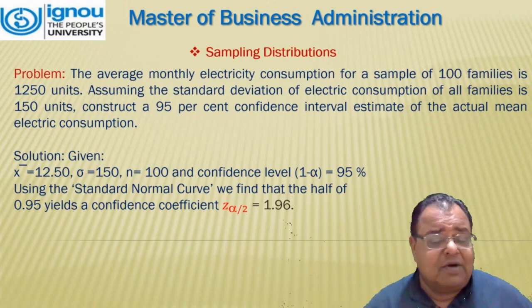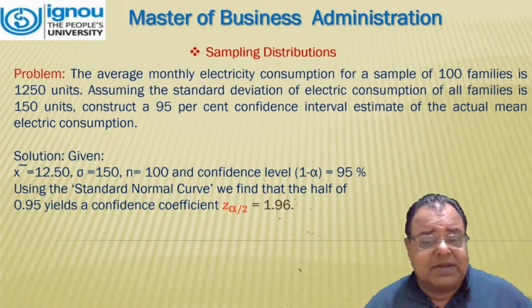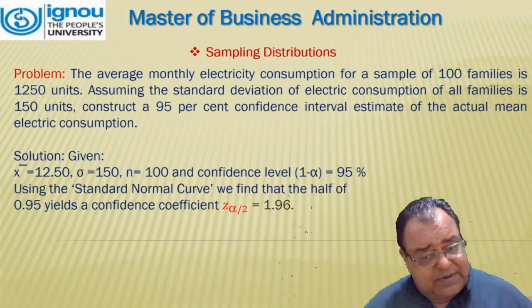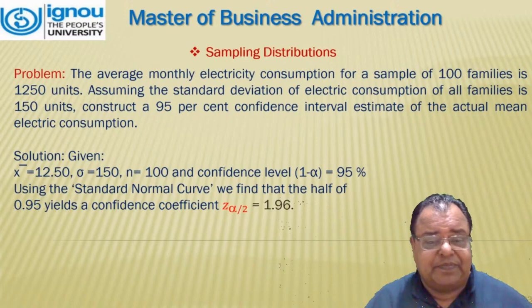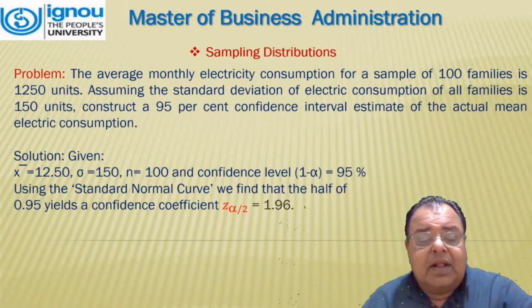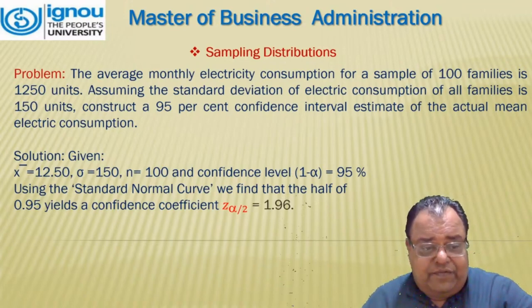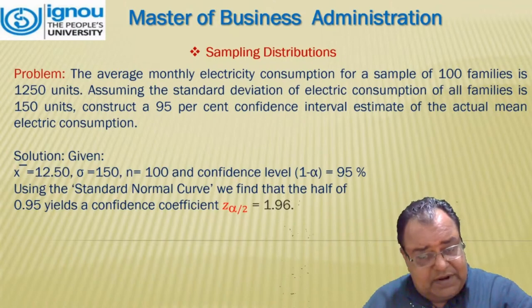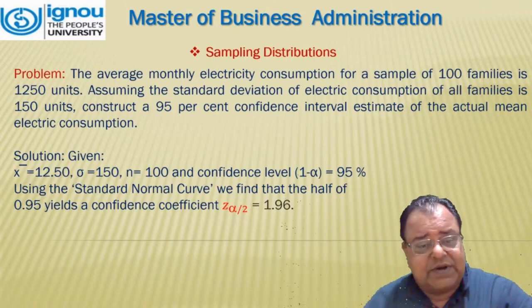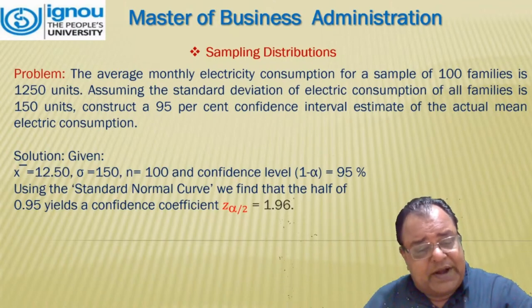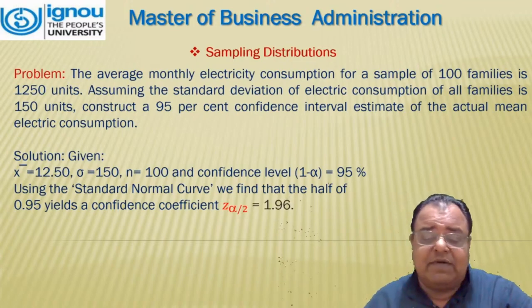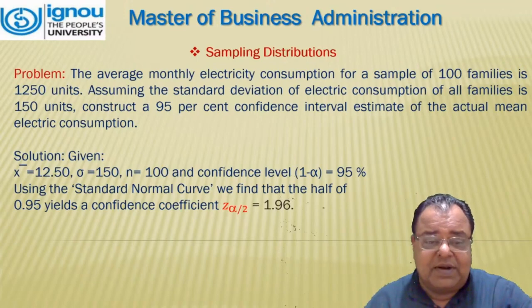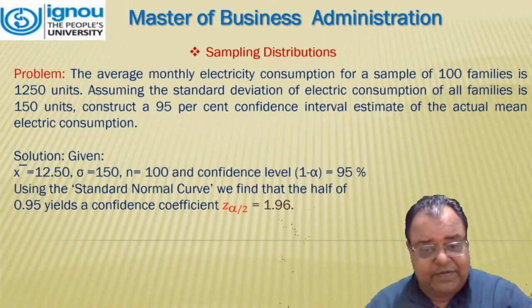That means the confidence level is 1 minus alpha equal to 95%. For a 95% confidence level, the confidence coefficient will be 1.96. Since you are given the mean and standard deviation, we will be referring to the standard normal curve.